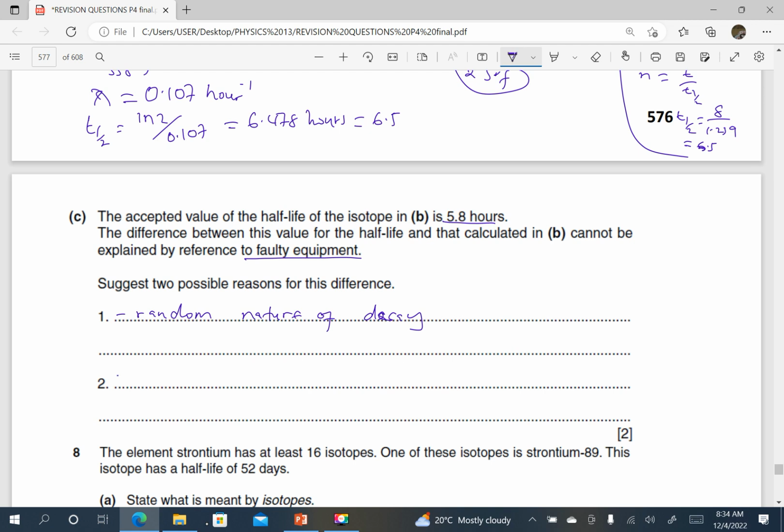Number two, we can talk about background radiation. Radiations in the surrounding could also affect or increase the count rate. They could increase the count rate or affect the half-life. And number three, the daughter products could also be radioactive.